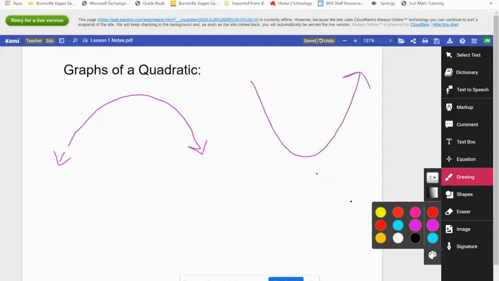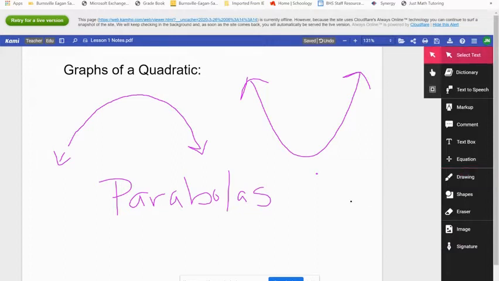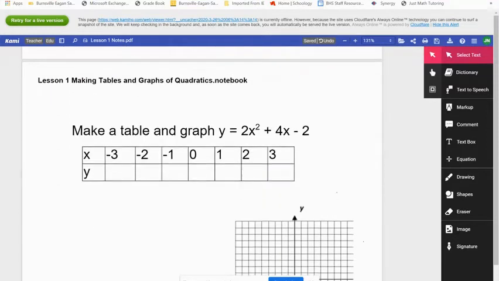Those are what graphs of a quadratic look like, and we call these graphs parabolas. So anytime we have an equation where our largest exponent is x squared, we should have a parabola as our graph. All right, now let's learn how to make those tables and graphs.